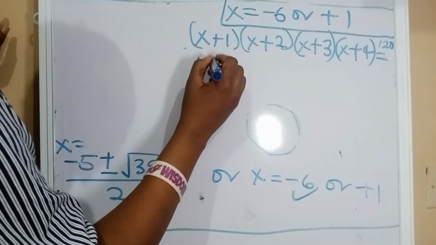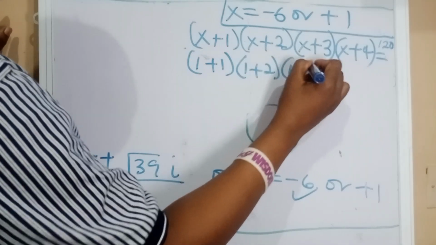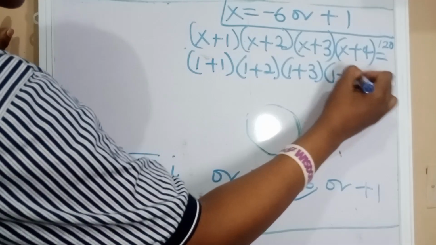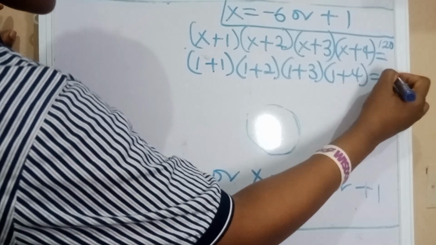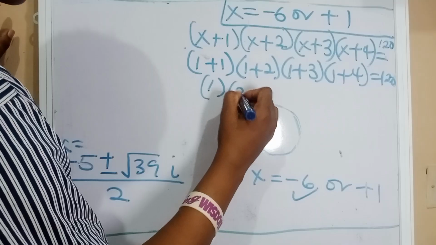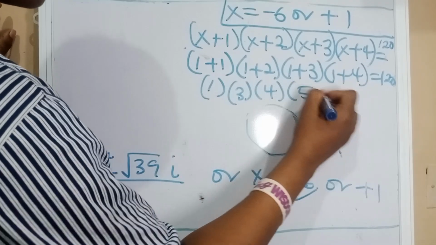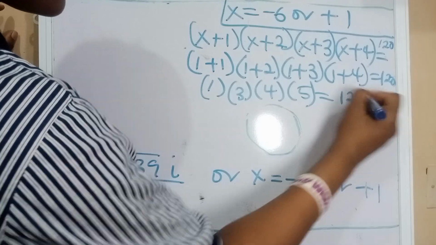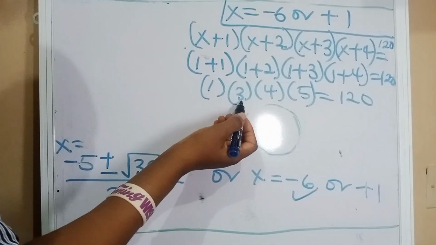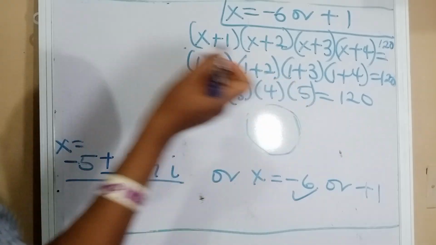So 1 plus 1, 1 plus 2, 1 plus 3, 1 plus 4, equal to 120. This is 1, 3, 4, 5. So let's multiply. 1 times 3 is 3, times 4 is 12, 12 times 5.